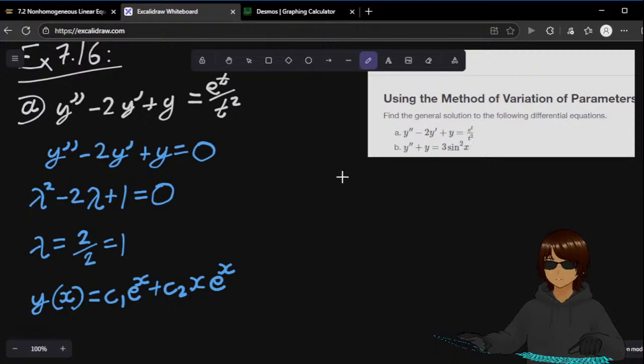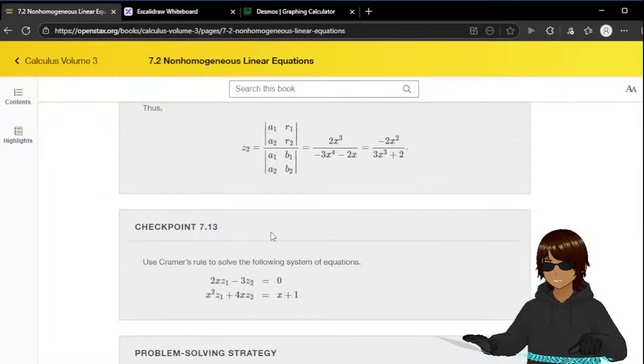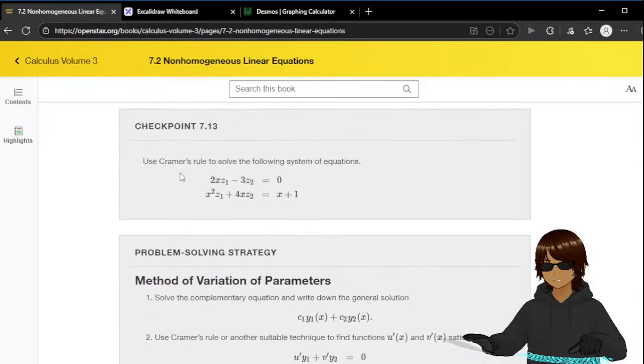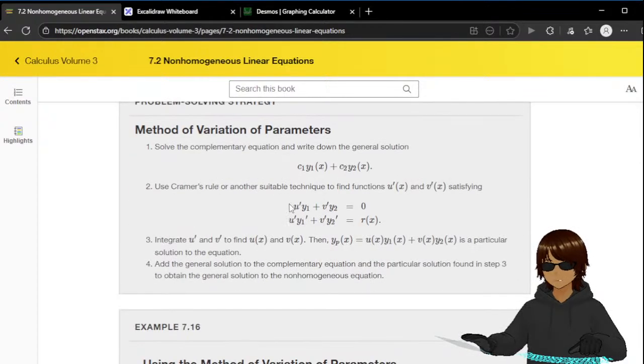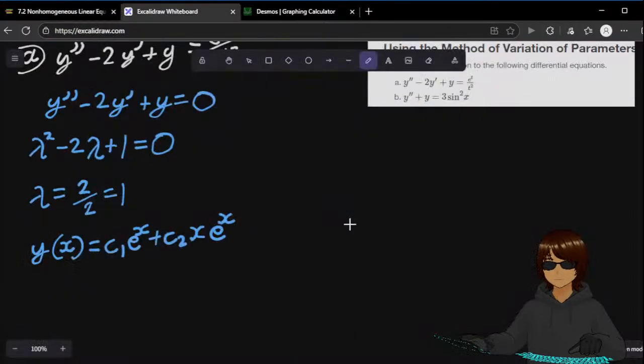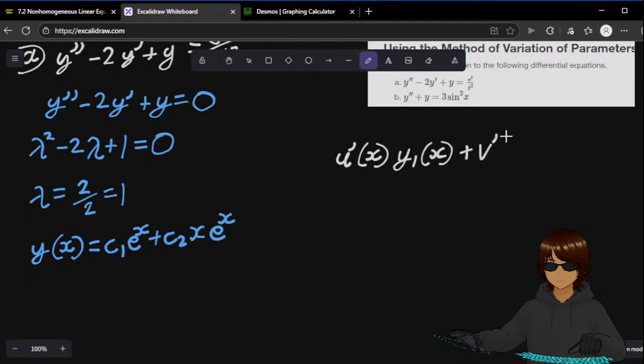And then they want us to solve the system of equations. What do you call this? The derivative of u y1 plus derivative of v y2 x is equal to 0.